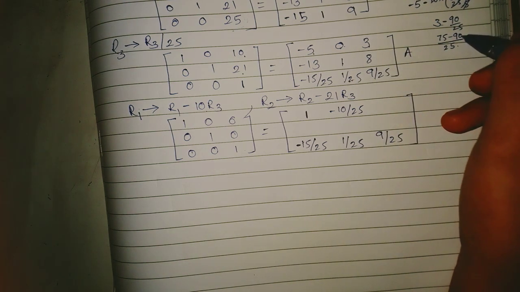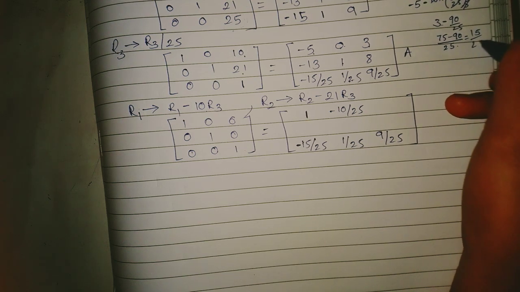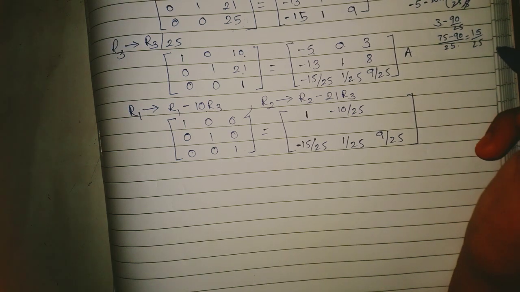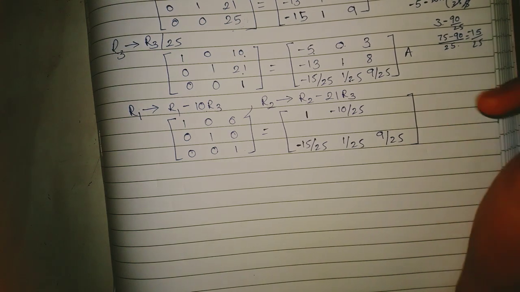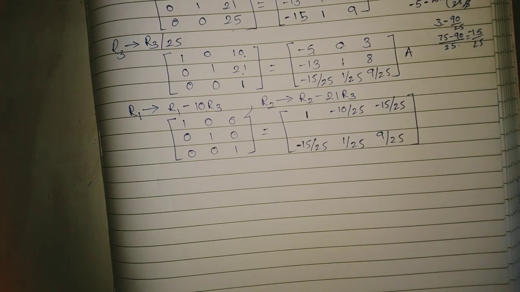Okay, so this will be 15 by 25, right? Minus 15 by 25.